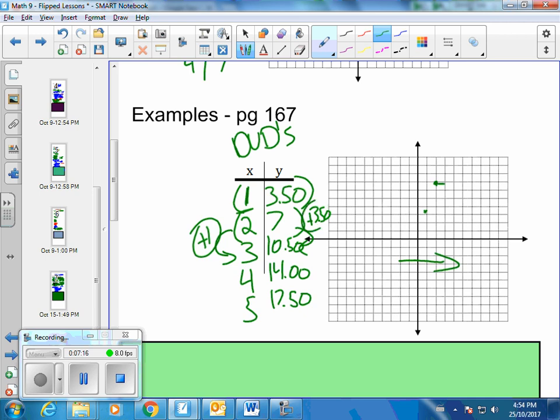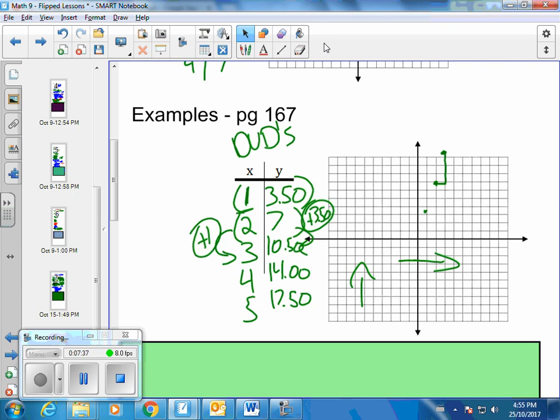And then I'm moving plus 3.50 on the y-coordinate. So now I'm going to start here. I'm going to go up another 3.5. 1, 2, 3. We'll call that a half right there because my grid ran out. So that's how we put the points on the grid.